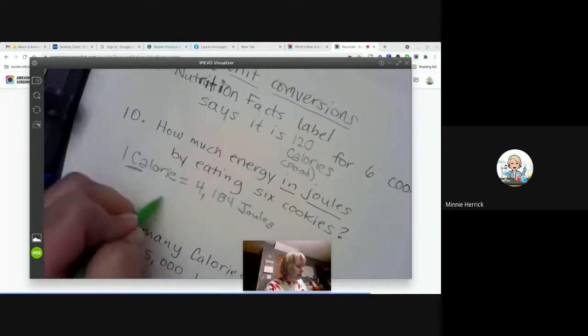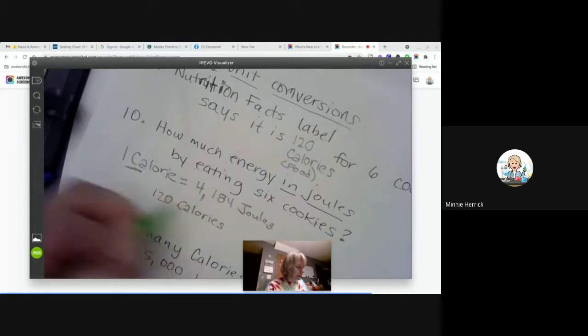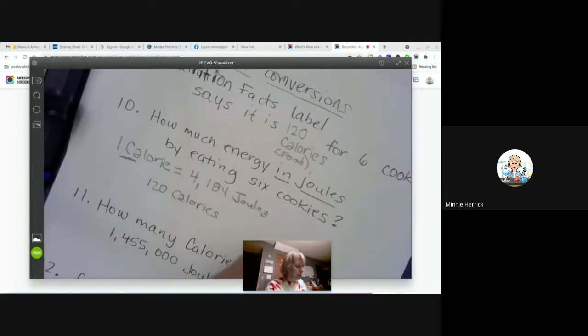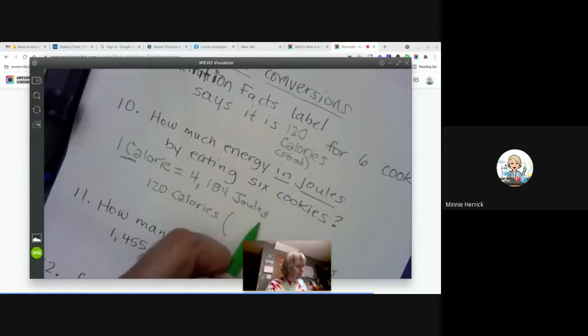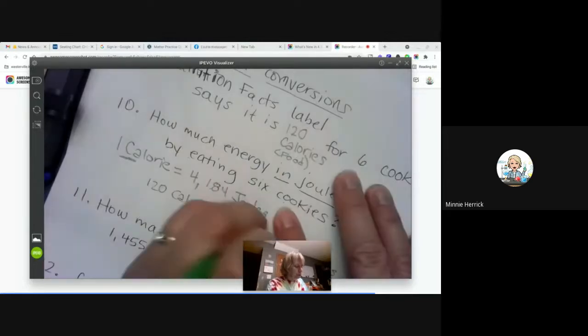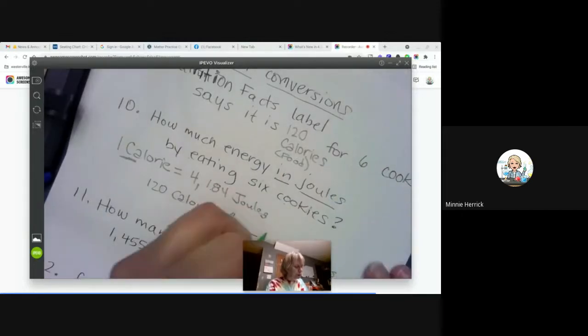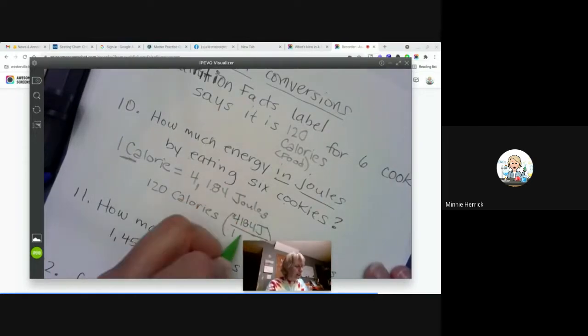So we have 120 calories in those 6 cookies. And since we want to go to joules, remember how we put the joule unit on the top? We're going to multiply, because we're going to put the 4,184 joules on the top for every big C calorie.